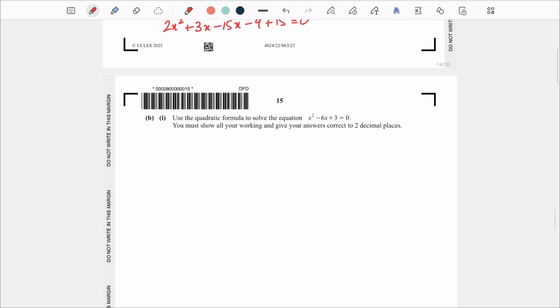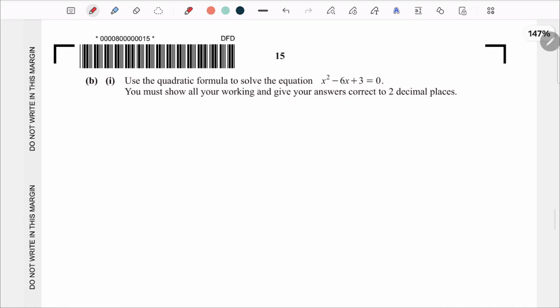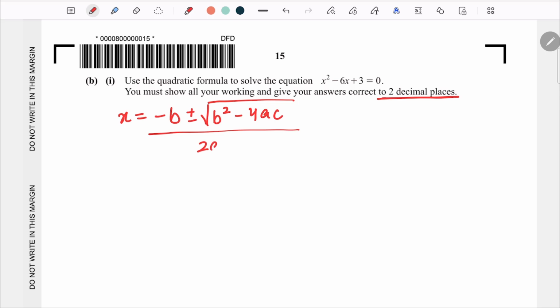Part B of the same question. Use the quadratic formula to solve the equation x squared minus 6x plus 3 is equal to 0, and you must show all your working and give your answers correct to 2 decimal places. Now the quadratic formula is x is equal to minus b plus or minus the square root of b squared minus 4ac, divided by 2a.